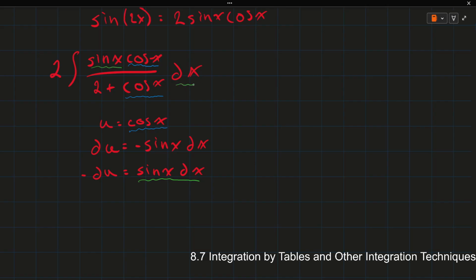I'll write this up here with the substitution. I still have the 2 out in front, nothing changed with that. Cosine just becomes u, over 2 plus u. And then sine x dx becomes negative du, so I'm going to have a negative out in front on my 2, and then I have my du there.